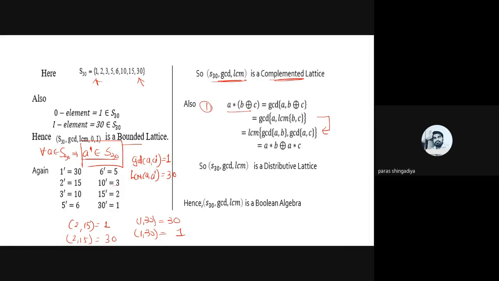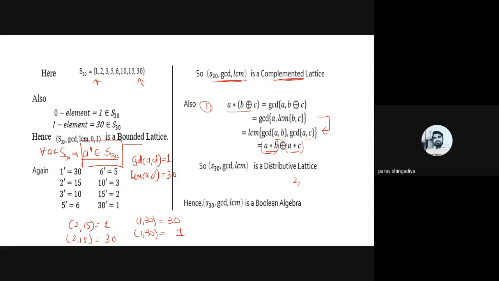So consider LCM outside, and use GCD inside with the pair A comma B and with the pair A comma C. So that is GCD of A comma B, and GCD of A with C. GCD of A comma B is equal to A star B, and GCD of A comma C is equal to A star C, and that is combined by using LCM, that is the ring sum. So A star B ring sum A star C. That is the proof of the first one.